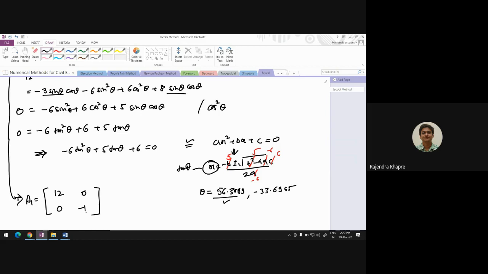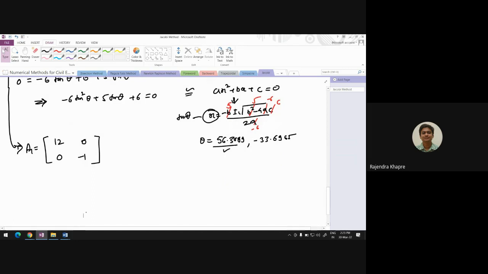Okay. Now please pay attention. Everybody please pay attention. So you see what we are trying to do in this method is convert the given matrix into a diagonal matrix. Since it was a symmetric matrix, since it was a 2x2 matrix, in just one step it got automatically converted into a diagonal matrix.